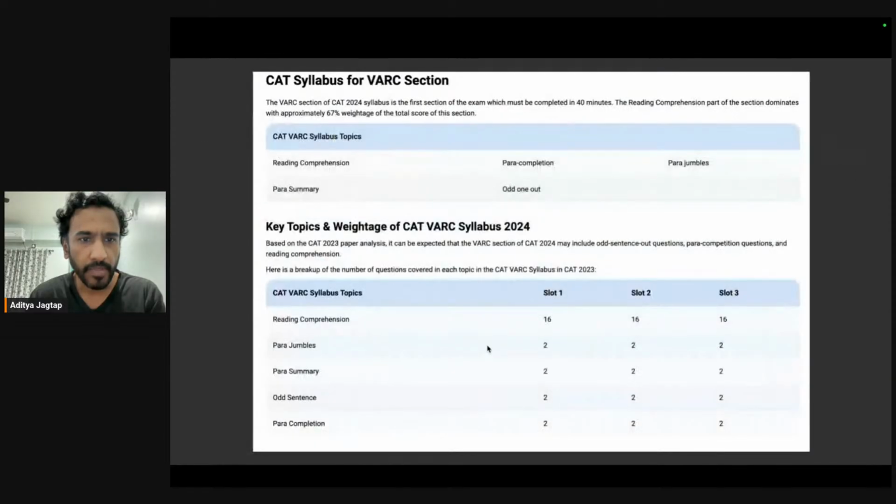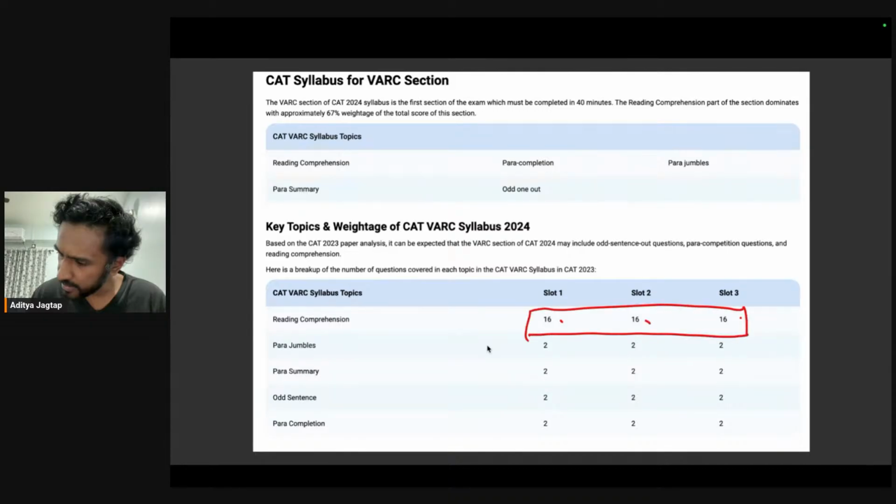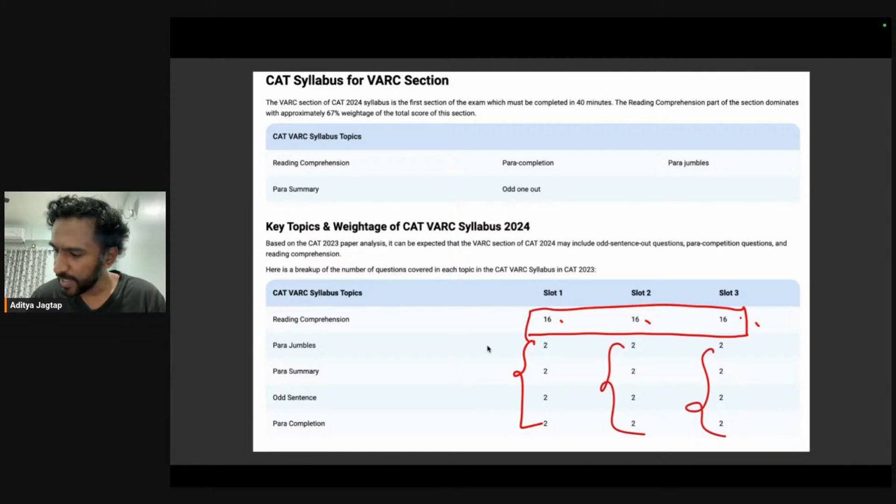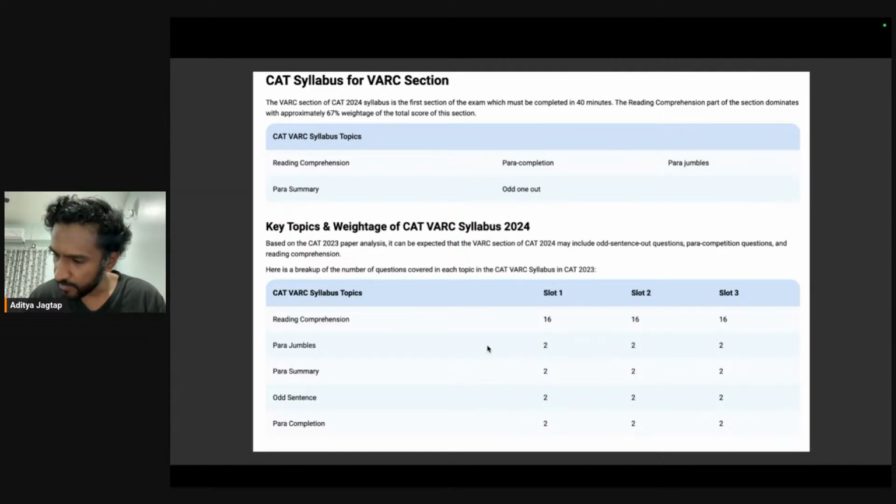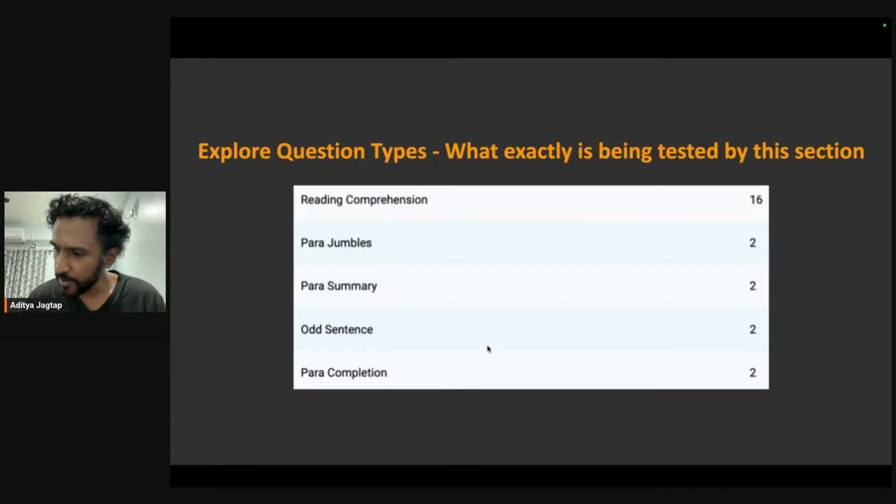As you can tell, you have reading comprehensions, and this number more or less remains the same. Even the number of passages more or less remains the same, but the number of questions can change more frequently. In any case, here you have 16 questions from passages and the remaining questions, as you can see.